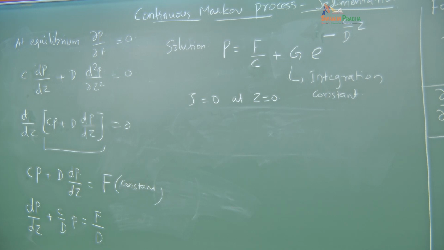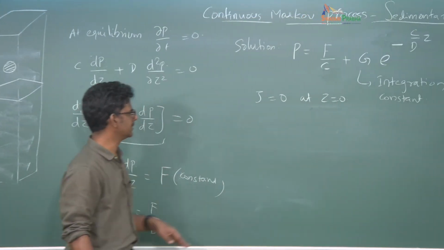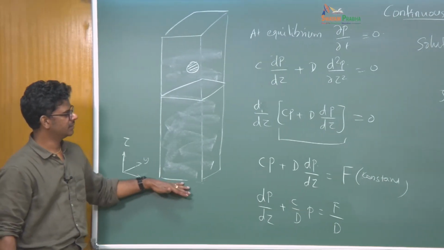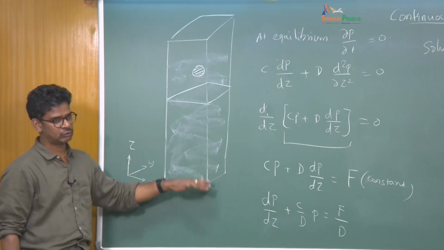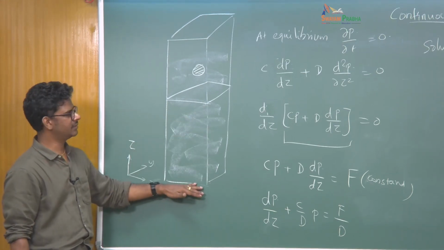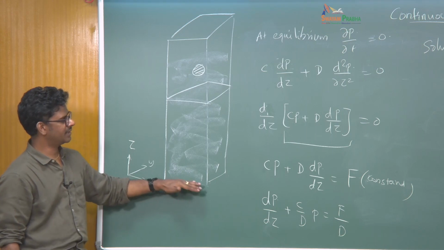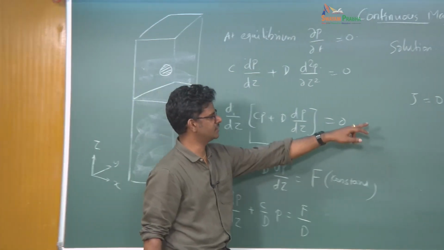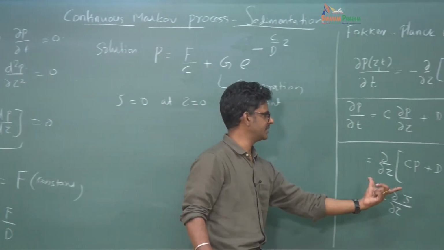Okay, so what we want to do now is apply this boundary condition that at the bottom of the container, the particle cannot go through. So it's basically impermeable. So we say the flux of the particle at the boundary is 0, that is, this flux J is 0, and J is nothing but this entire term.